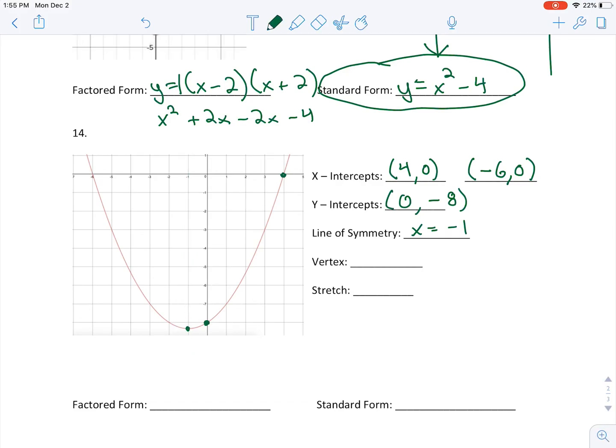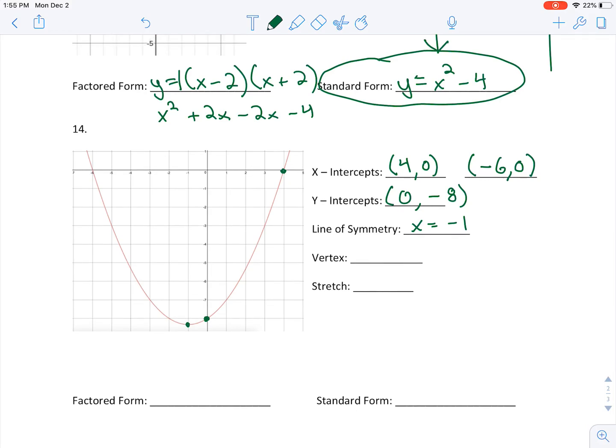What's the vertex? What point is that? Well, that to me looks like it is going to be -1, right? Because we go this many over, and then we got to go down.